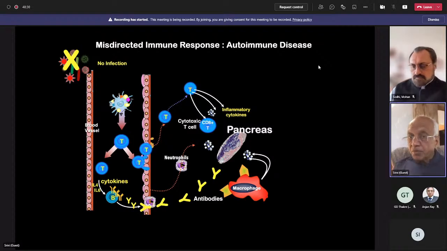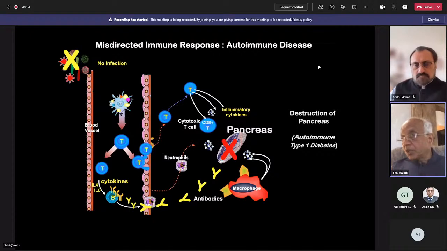Then what happens? Then you end up with destruction of the pancreas and diabetes. And if the target organ is joints, you have arthritis. If the target organ is the brain, you may have multiple sclerosis and such deadly diseases, because the immune system is very potent. It can destroy these organs. That's not good.